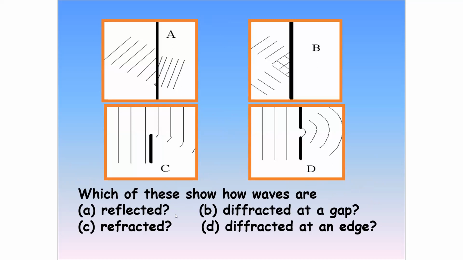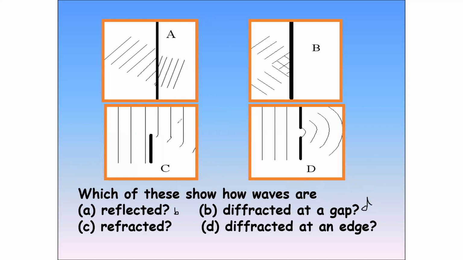Which of these shows how a wave is reflected? Which one is showing a reflection? B is showing a reflection. Which one is showing a diffraction at a gap? D is representing a diffraction at a gap.